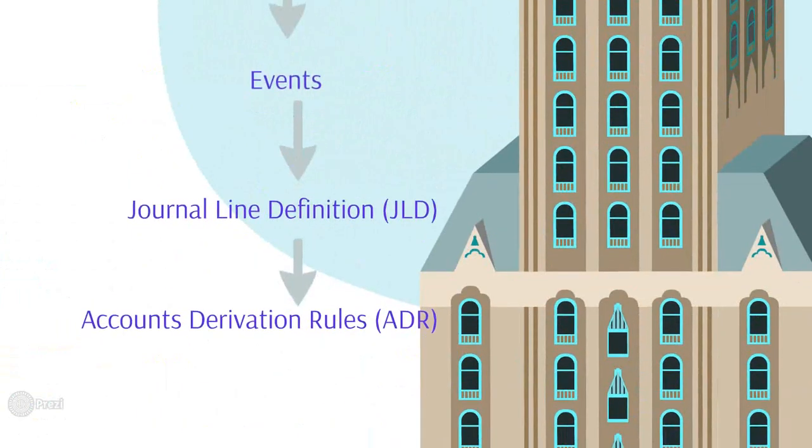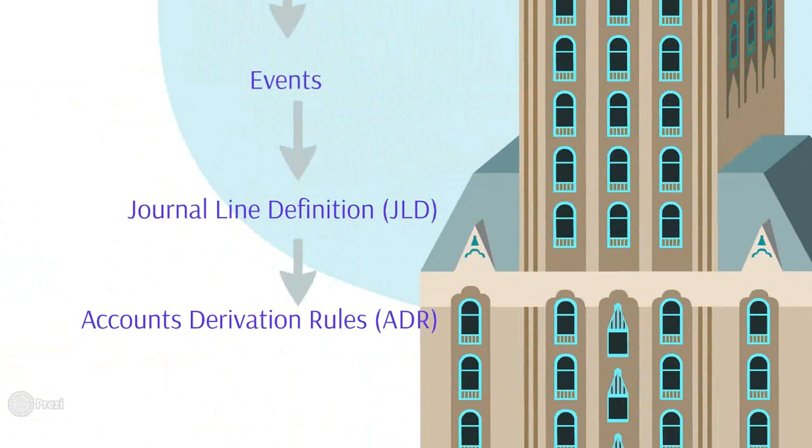So below the event, we assign the journal line definition. So what is the journal line definition? This journal line definition can be one or more. So if you are making one journal entry, all the journal line definitions which are attached for those events will be used, and the journals will be passed within that journal definition.